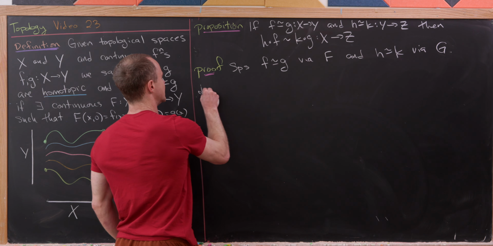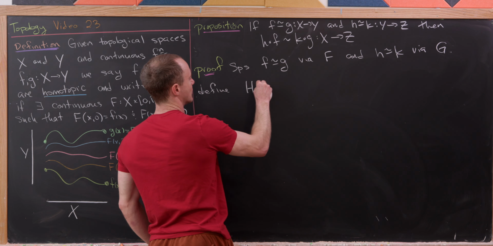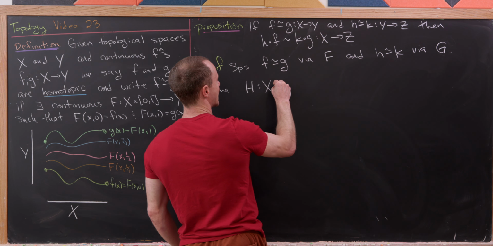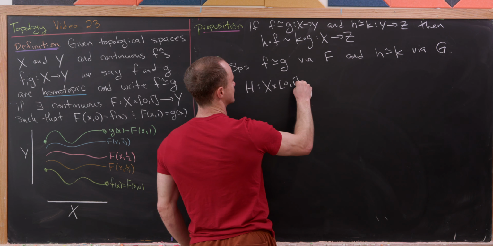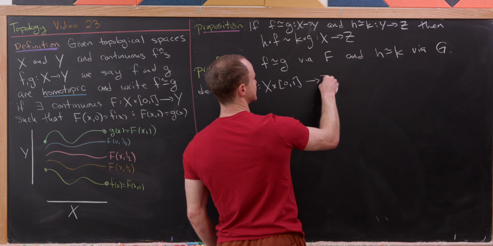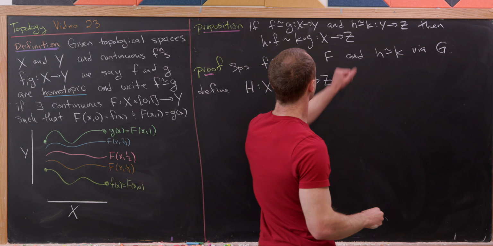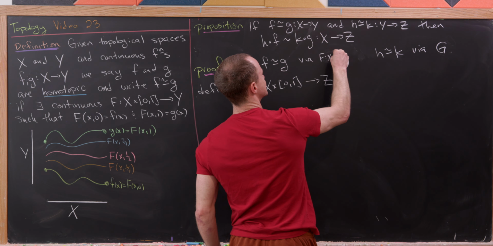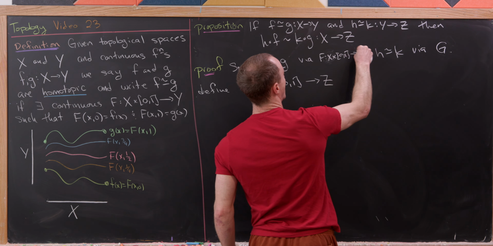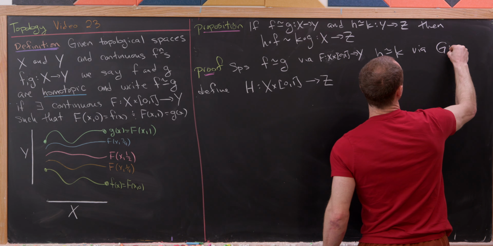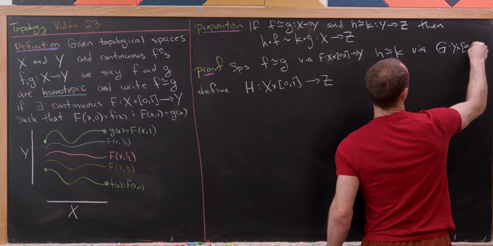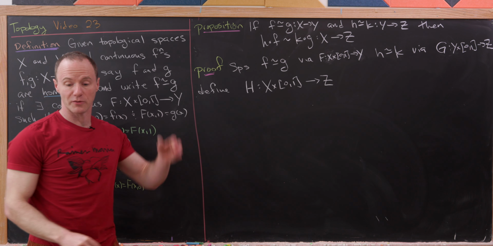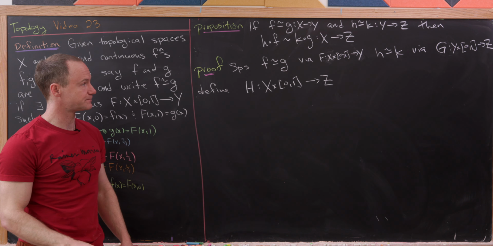Now what we'll do is define the following function H. This function H needs to go from X cross [0, 1] into Z. Let's point out where these F and G go. F goes from X cross [0, 1] into Y, and then G goes from Y cross [0, 1] into Z, just based off the domains and codomains of our starting functions.